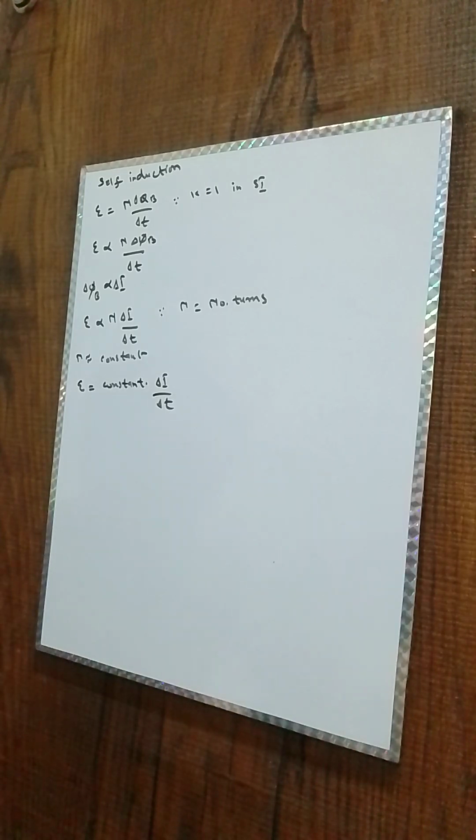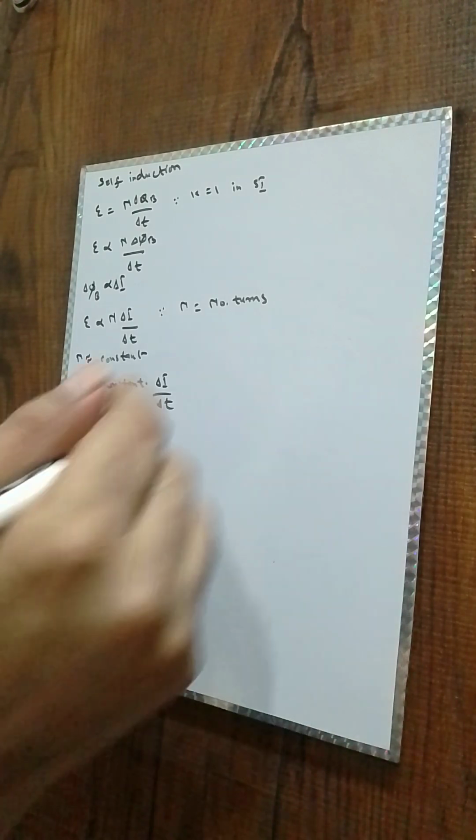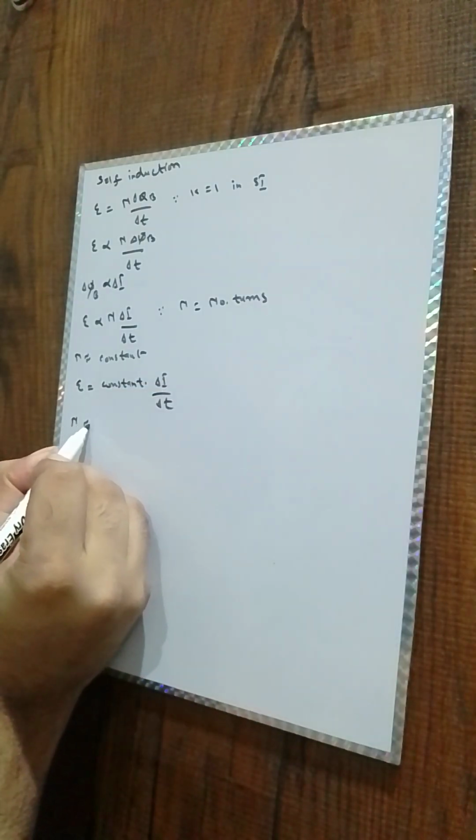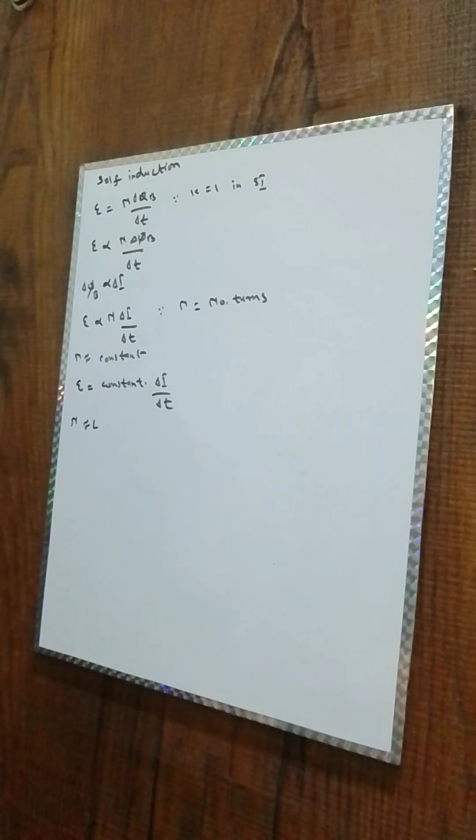But since now we have this thing here, I tell you what, the number of turns can be approximated to length, because the more the turns in the coil, the more the length.